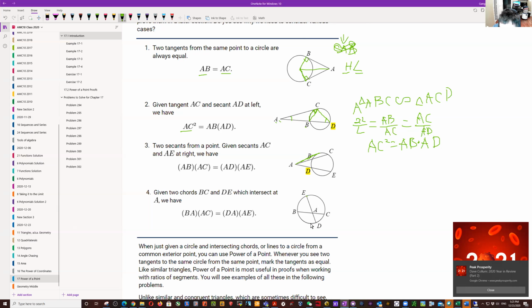Basically, you just have to remember that any intersection line inside a circle will for sure create two pairs of similar triangles. So I will say this is BAE.